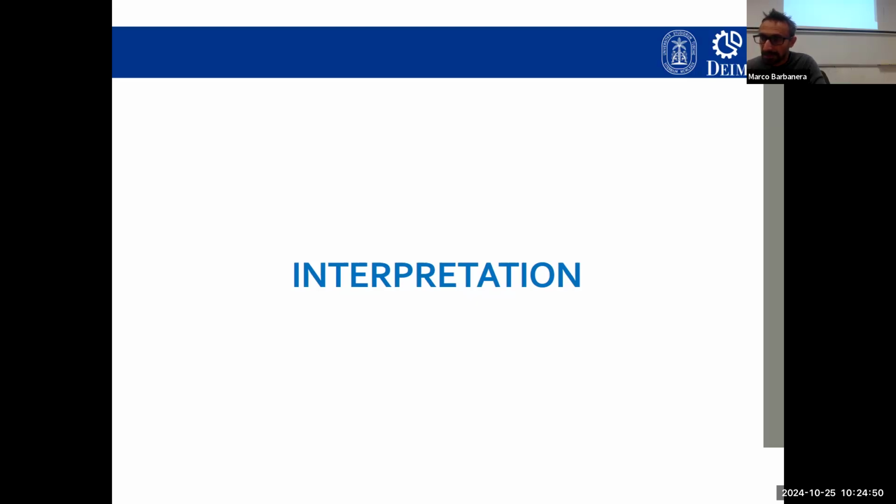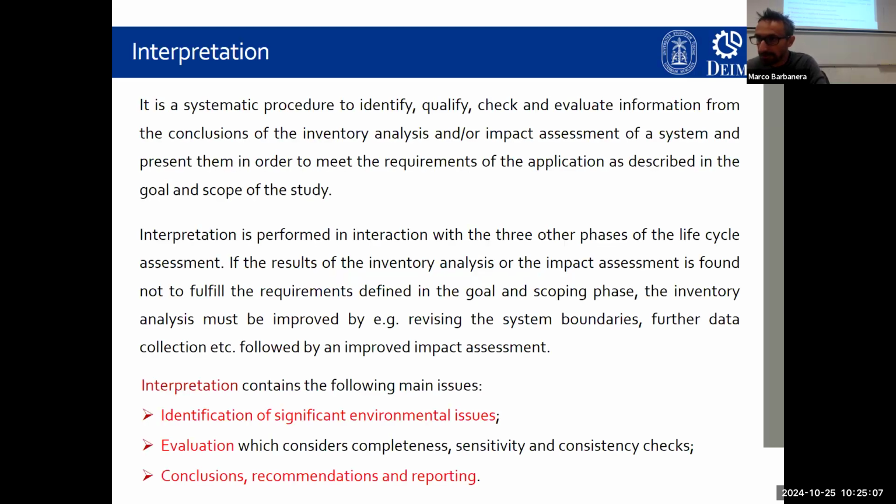So the analysis and the interpretation of the environmental results are the focus of the last step of LCA. The last step is the interpretation step.